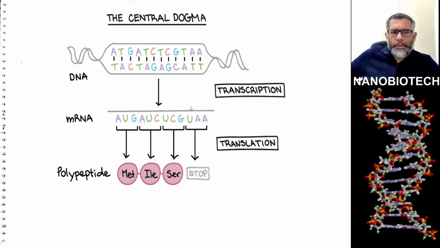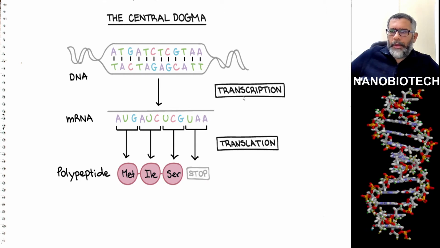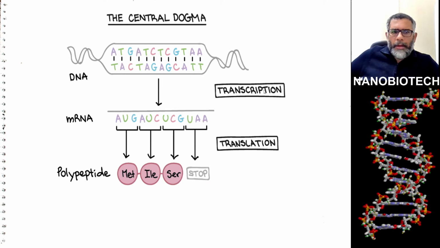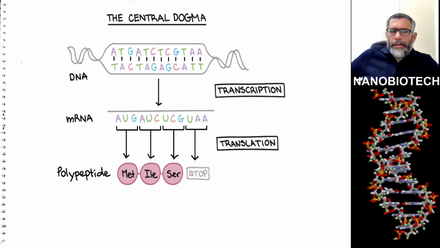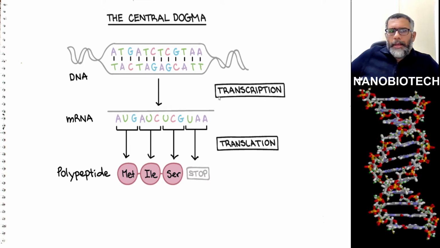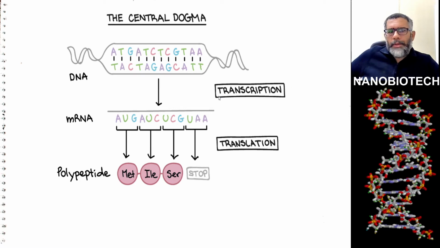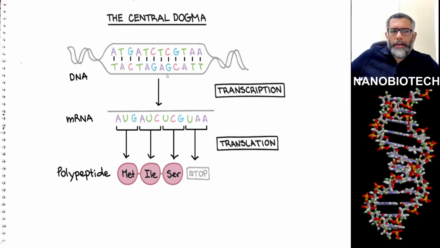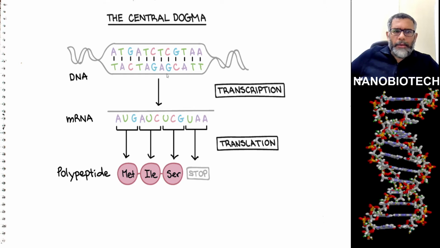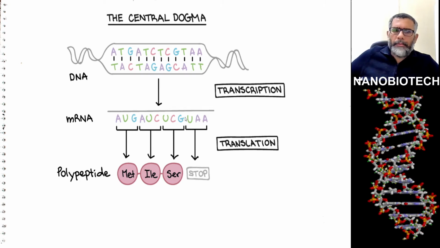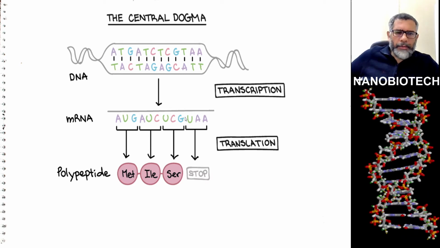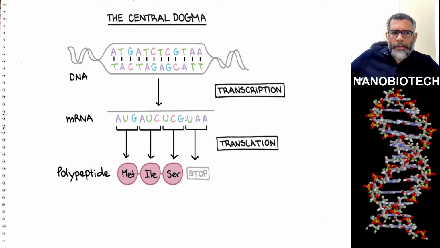This process involves two major steps, as you can read here: transcription and translation. In transcription, the DNA sequence of a gene is copied to make an RNA molecule. That's straightforward. You know this. This step is called transcription.